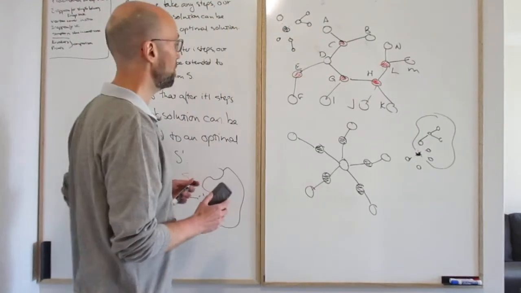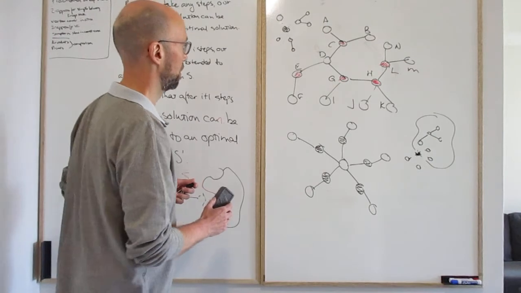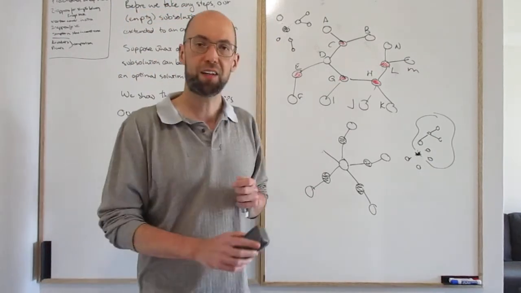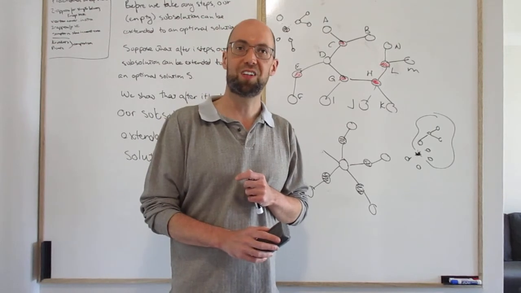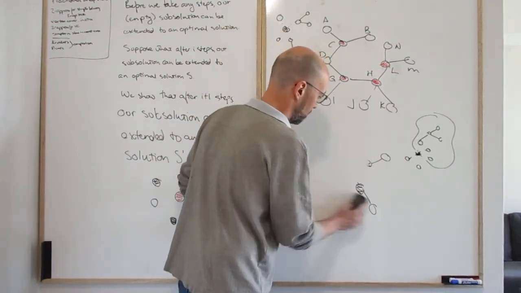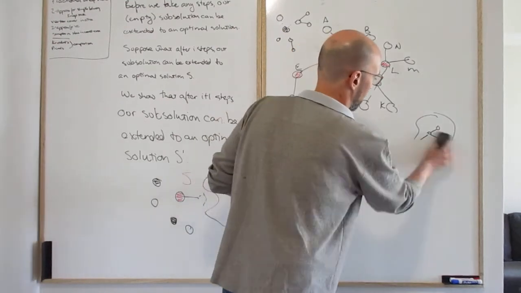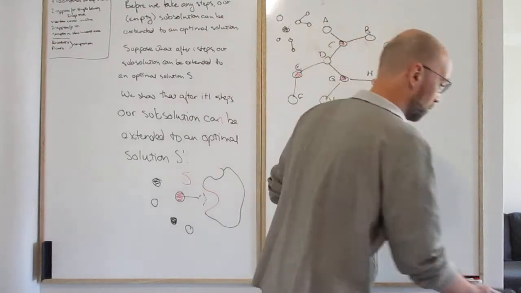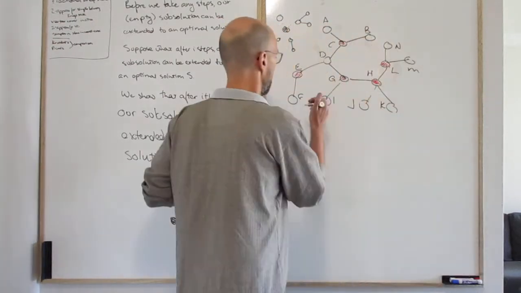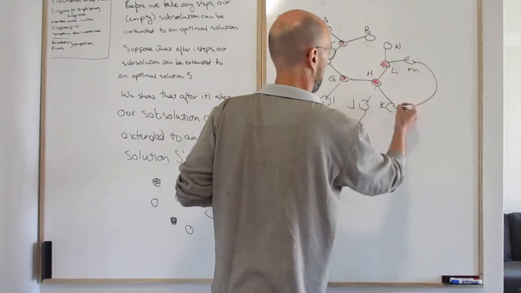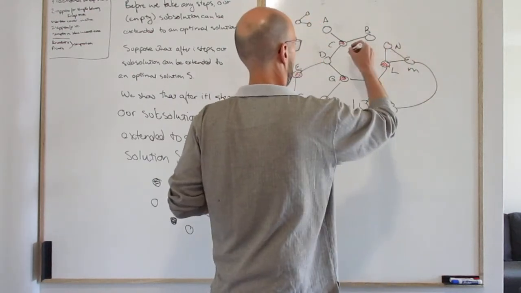Okay, so what we do, oh yeah, and I have to tell you this because it's on the homework. There is a 2 approximation algorithm for general graphs. So we can make a general graph. This is now not a tree.